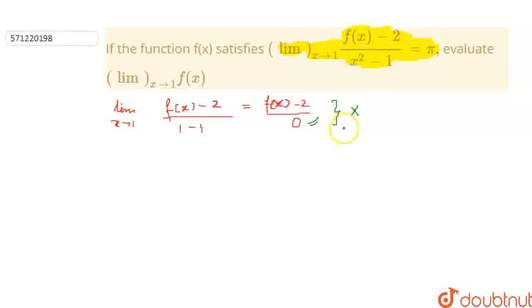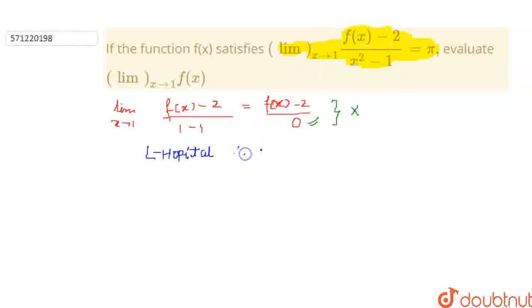So what are we going to do? We are going to apply the concept of L'Hopital rule, which says that if there is something of format 0 by 0, then we can calculate the value of that by differentiating the numerator individually and denominator individually.